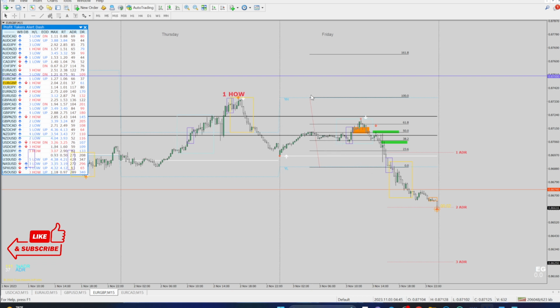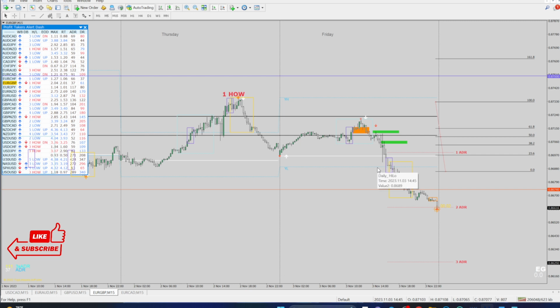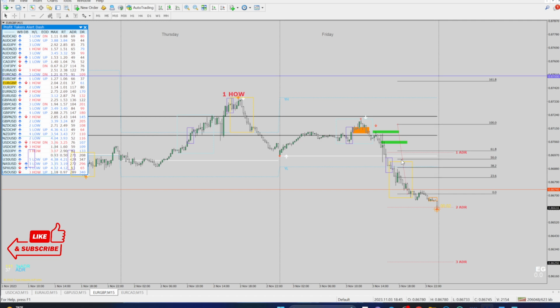You don't really need to do a measurement on the second entry here, right? But you can if you want to. You can just go to this most recent high, depending on when you're coming into the market, and yesterday's low to get into this market, right?